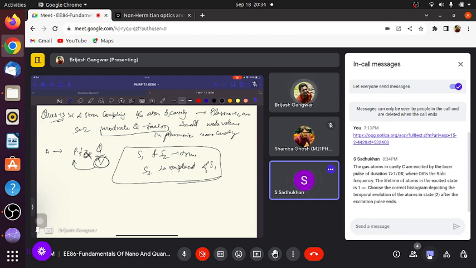The gas atom in cavity C is excited by a laser pulse of duration T equal to 1 upon omega r, where omega r is the Rabi frequency. The lifetime of the atom in the excited state is 1 nanosecond. Choose the correct histogram depicting the temporal evolution of the atom in state 2 after the excitation pulse ends.